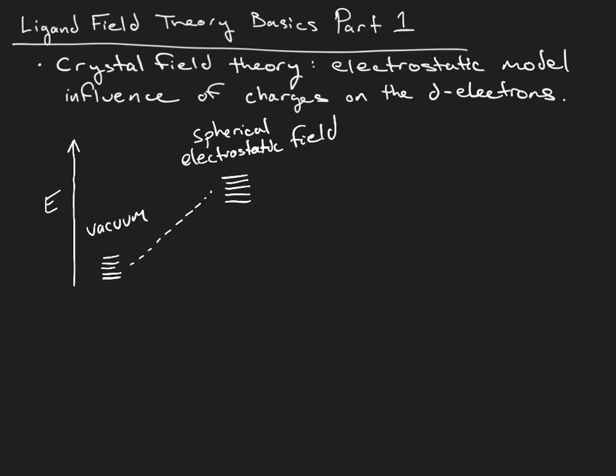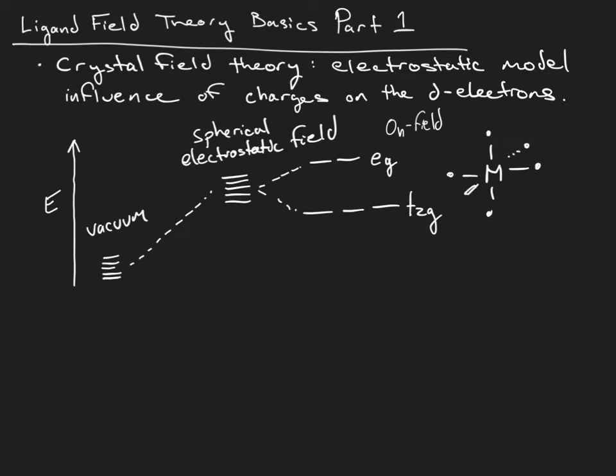Upon lowering the symmetry from a spherically symmetric field to octahedral symmetry, these split into an EG set and a T2G set, with the EG and the T2G set separated by a value 10 Dq.